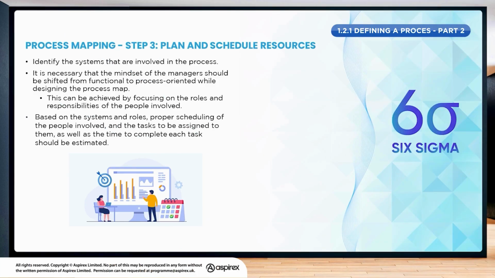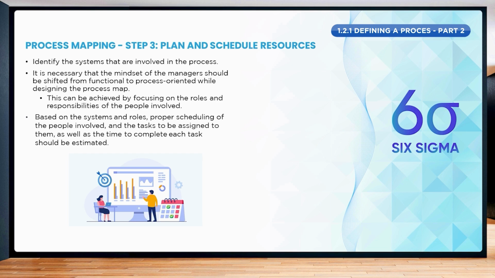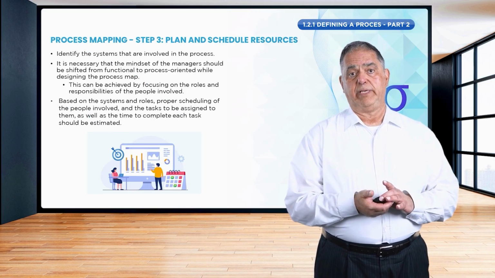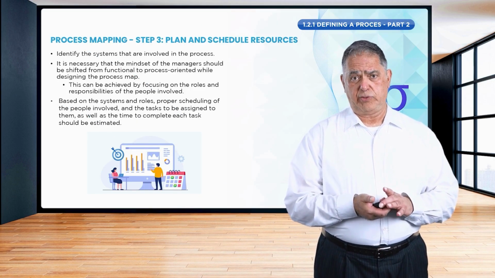Step number 3, we have to plan and schedule the resources. Now, when we run a process, the process consumes resources and converts process inputs into process outputs. Process inputs can be tangible, like raw materials, or they can be intangible, like information.